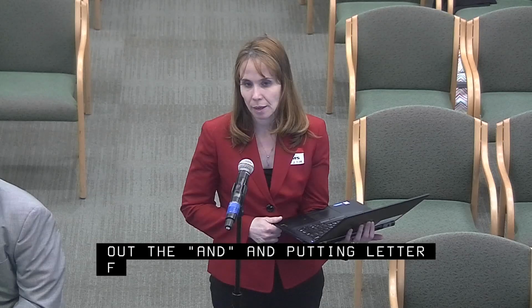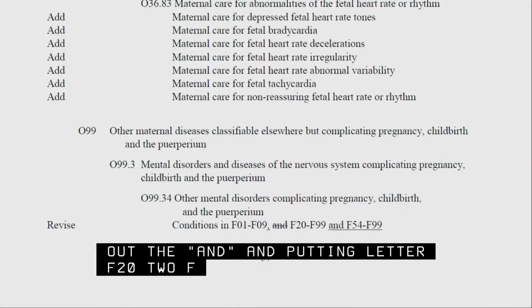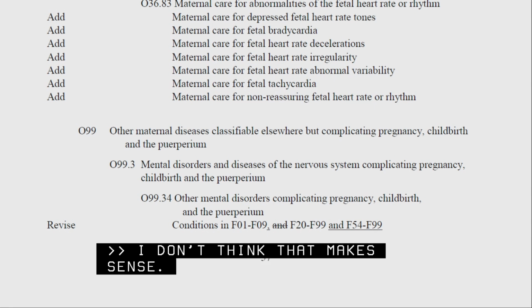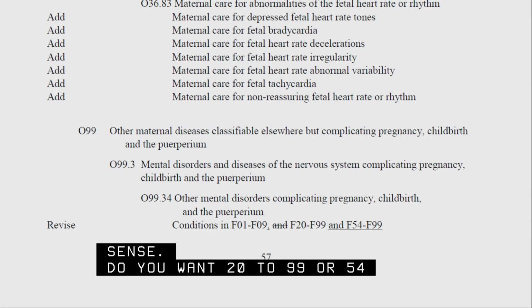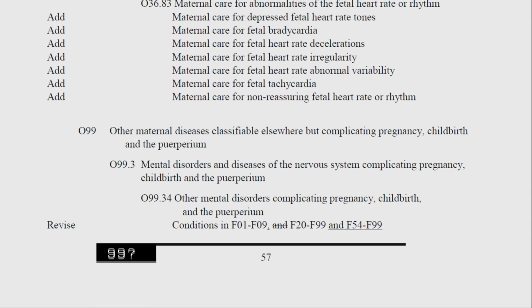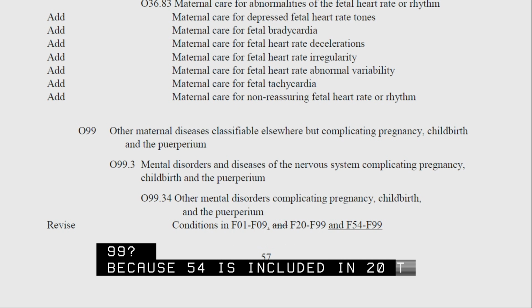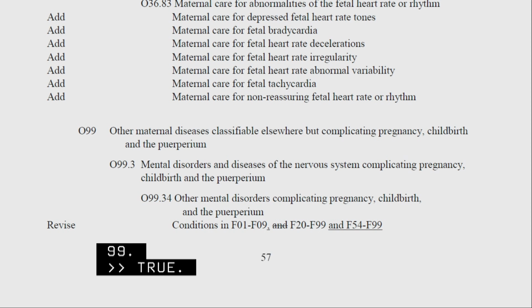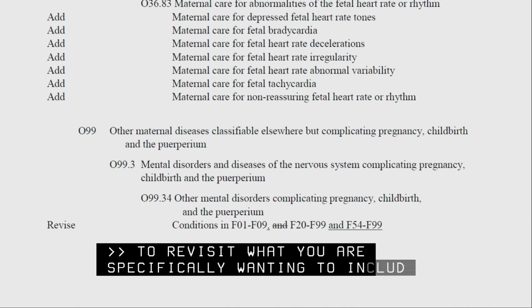Teresa? I don't think that makes sense. Do you want F20 to F99, or do you want F54 to F99? Because F54 is included in F20 to F99. True. So okay, revisit what you're specifically wanting to include. Thank you. Check numbers. Okay.